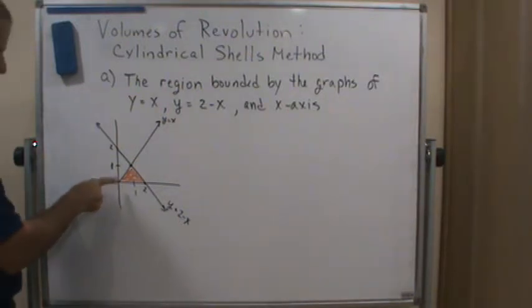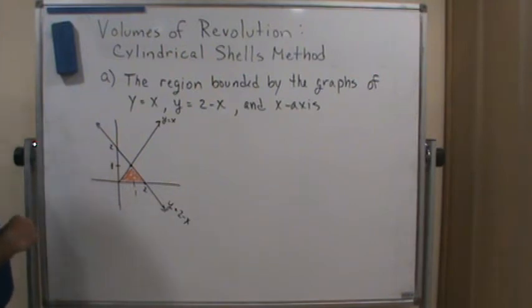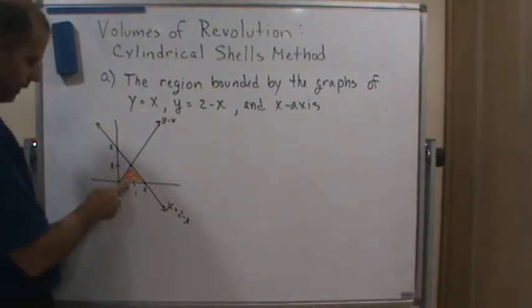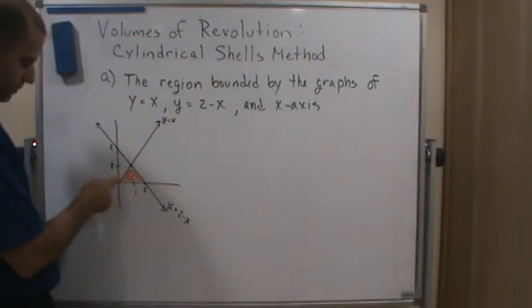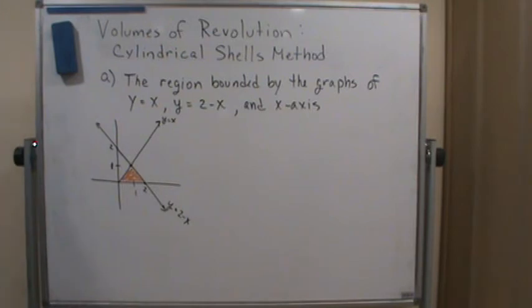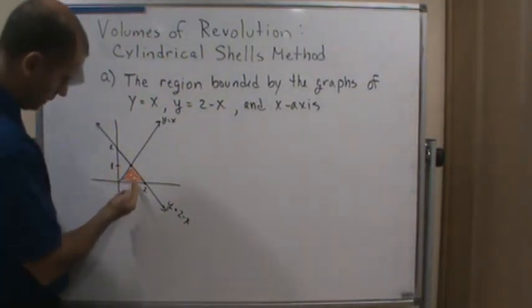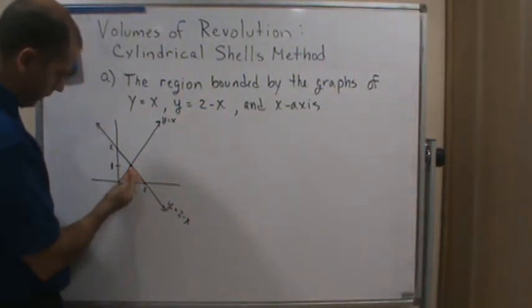So when we rotate around, how should we do this? If you look at it, the easiest way might be the disk method. Or no, actually, let's see here. Maybe the washer method?